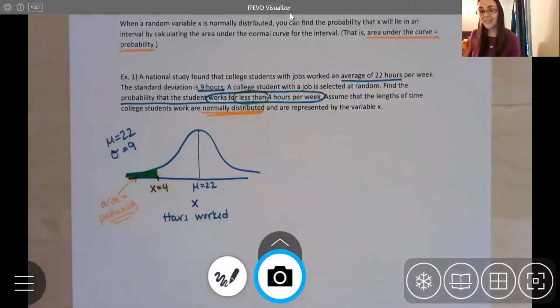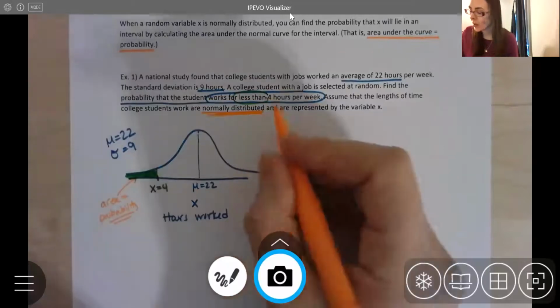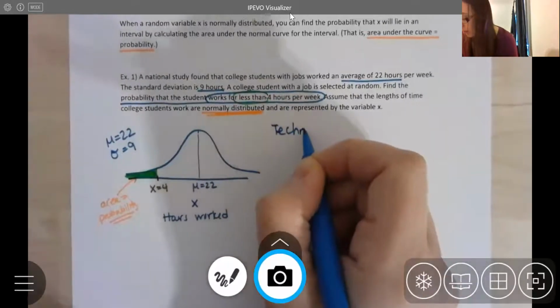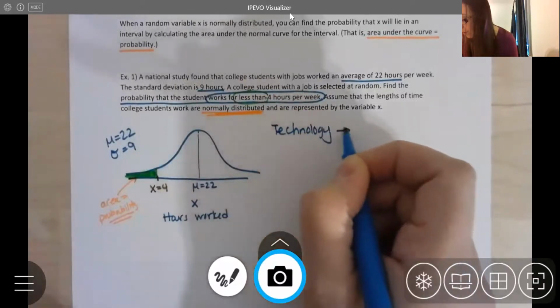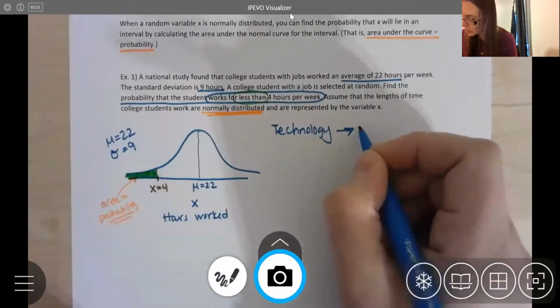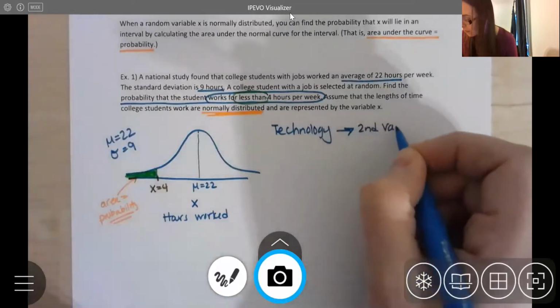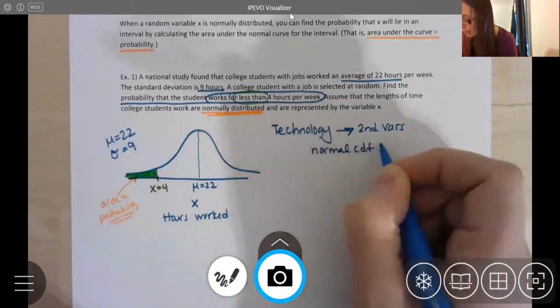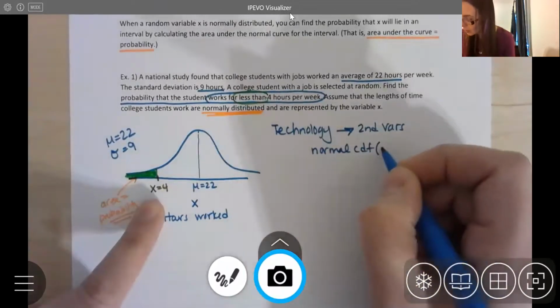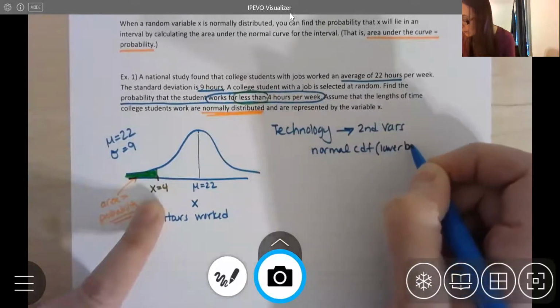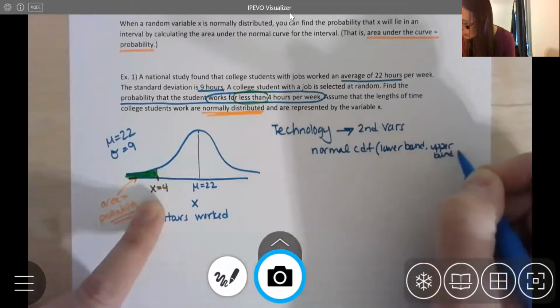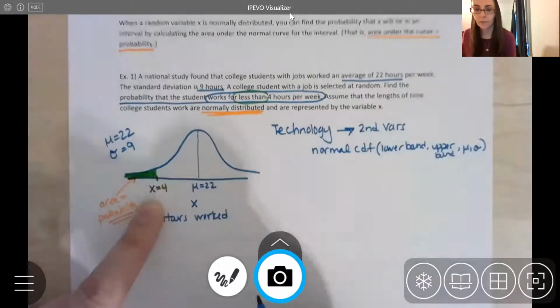Now, if you're using technology, this can be really fast. So if we're using technology, then just like in the last videos, we're just going to use that same idea, second bars, and then you're going to connect that normal CDF piece, and you're going to do your lower bound, your upper bound, your mean and your standard deviation.